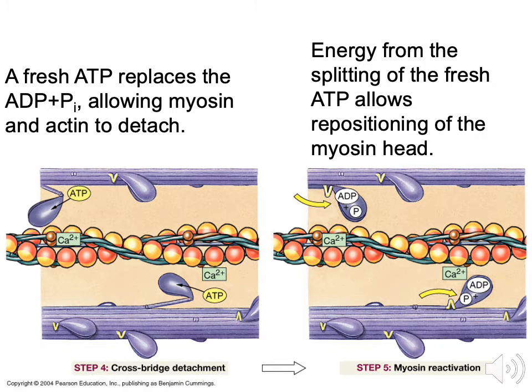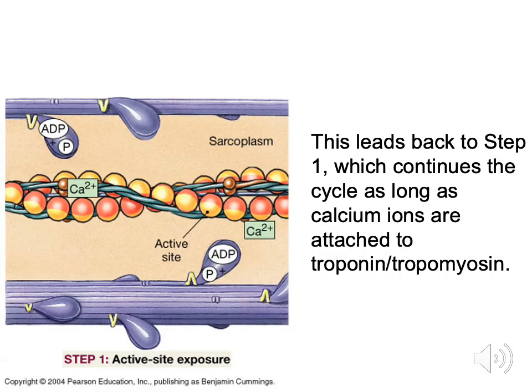This hydrolysis breaks ATP into ADP, and the energy that's released during that reaction can be harnessed to re-pivot the myosin head back to its original resting position. Once it's back in its resting position, this then leads us back to step 1 of the process. Now we're back at step 1.